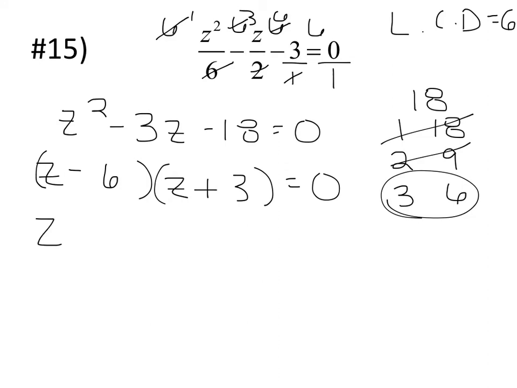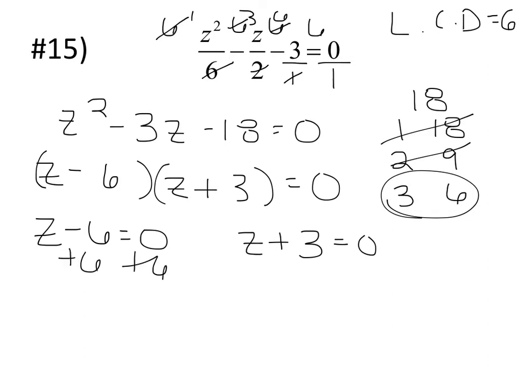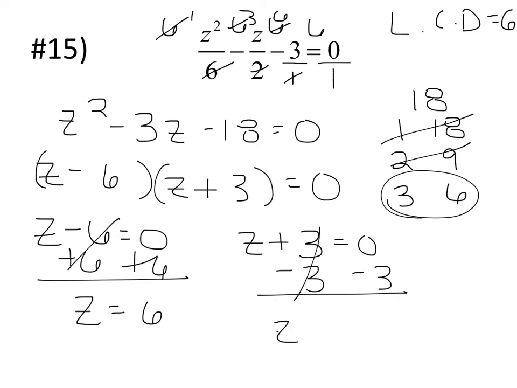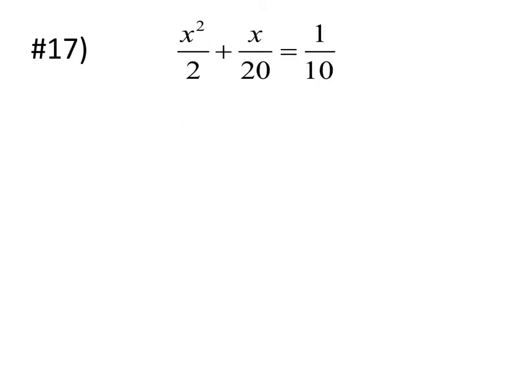So then you set each house equal to 0. And you get z equals 6. And z equals negative 3. So your solution set is negative.